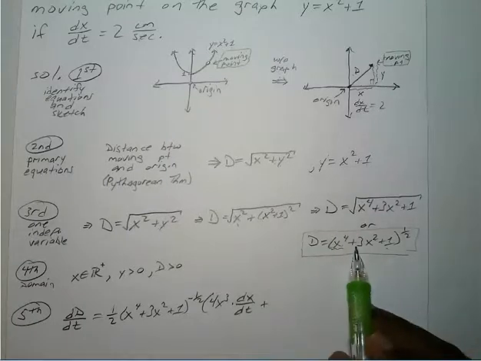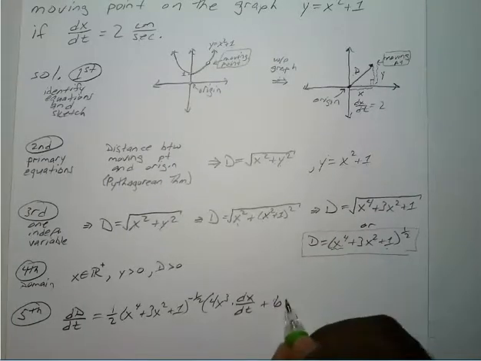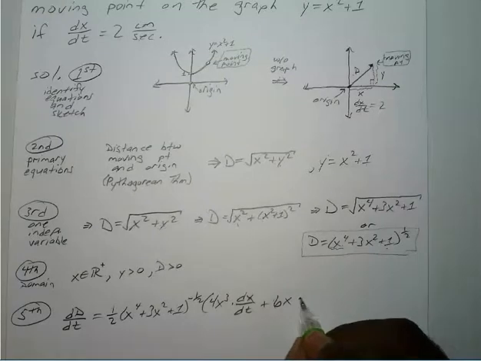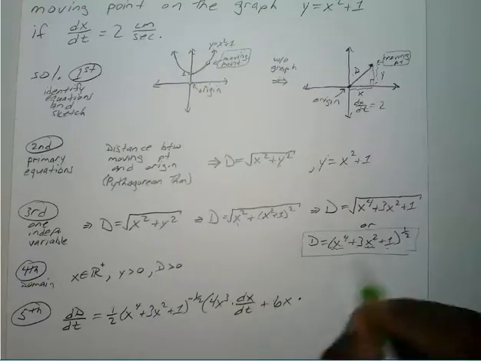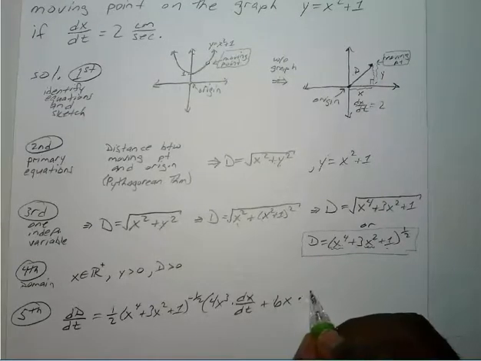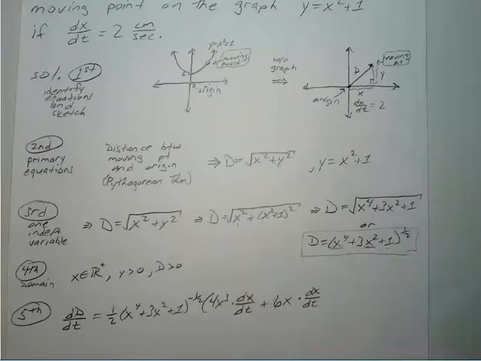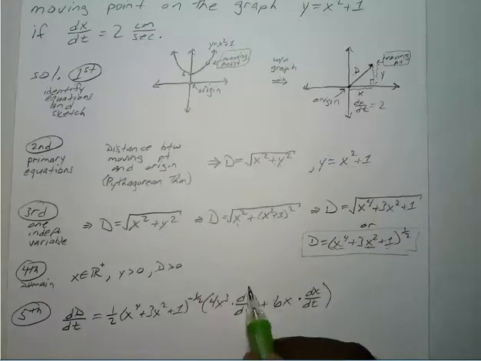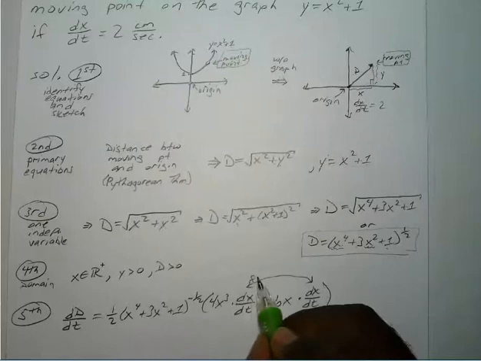Plus we have our 6x here, times the derivative of what's inside of there, which is our dx/dt. And the derivative of 1 is just 0, so we can leave that out. All right, so now we're going to factor out this dx/dt.